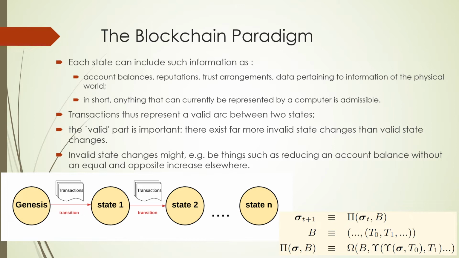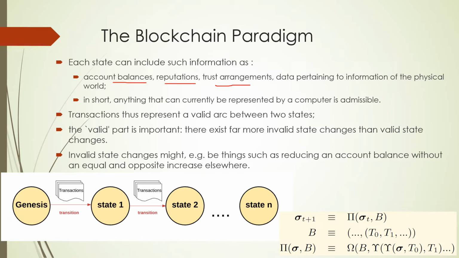Each state in Ethereum includes information such as, let's say, account balances, reputations, trust arrangements, data related to the physical world, and to summarize it, you can say any information that can be digitized and stored by a computer.